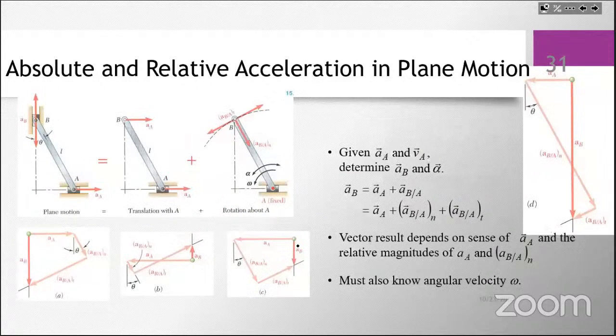Okay. So let's use our crank and slider here again, right? So given the acceleration of point A, and the velocity of A, I need to determine the acceleration of B and alpha. Some of these get a little bit more complicated, and we'll talk about why in a second.